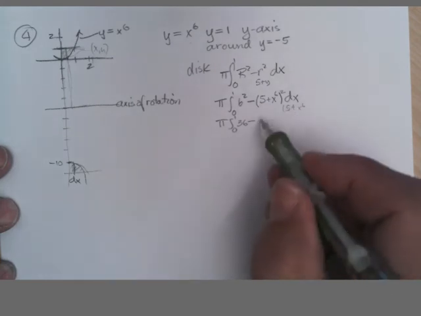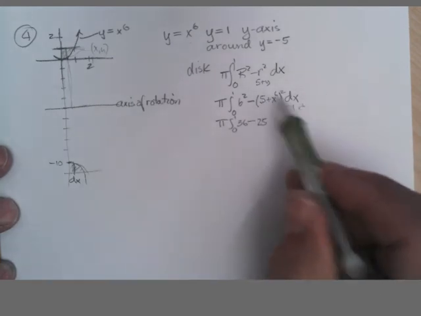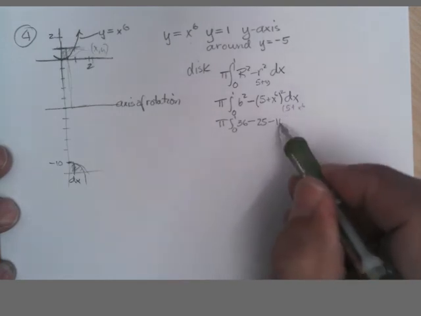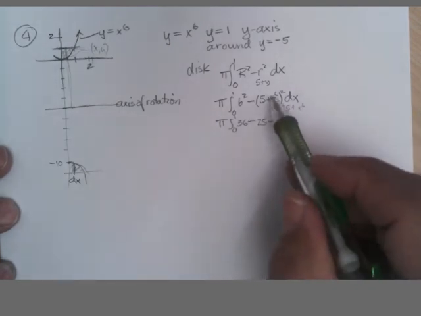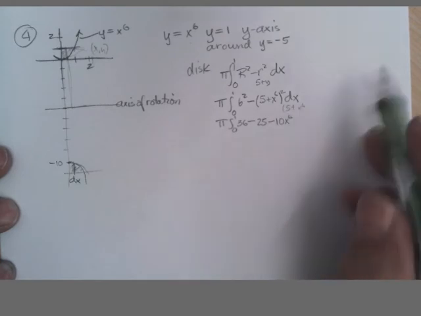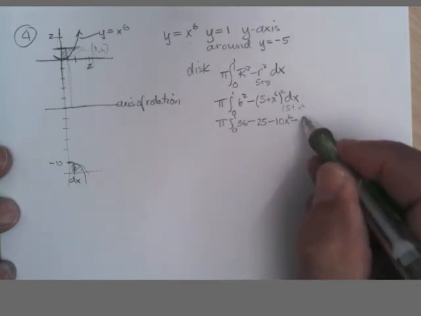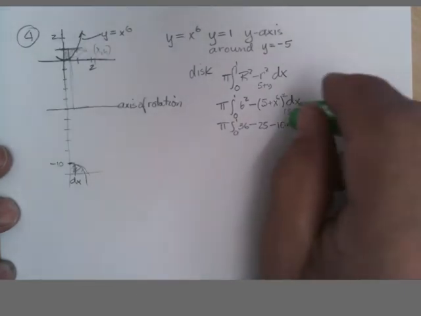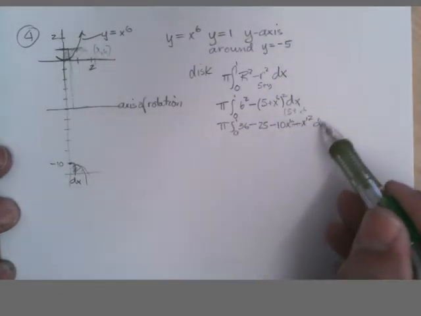So I got 5 times 5, 25, plus 5 times x to the 6th, and 5 times x to the 6th, that's 10x to the 6th, plus 10x to the 6th, and then plus x to the 6th times x to the 6th is plus x to the 12th, dx.